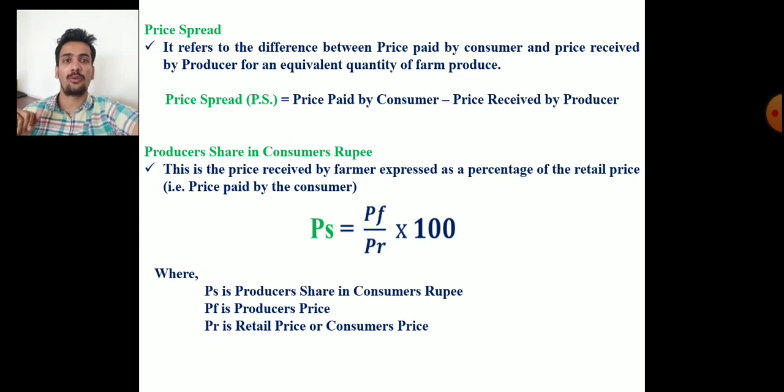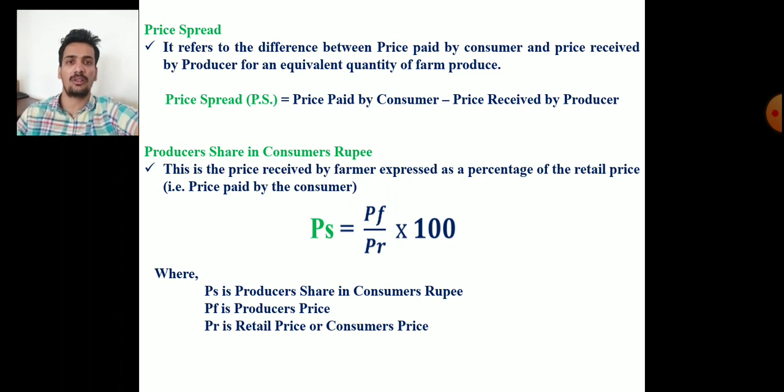Now next we have to see what price spread is. This is about the marketing cost and market margin. As we know, price spread is the difference between the price paid by the consumer and the price received by the producer for an equivalent quantity of produce.